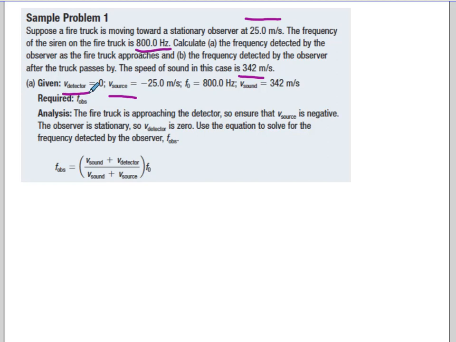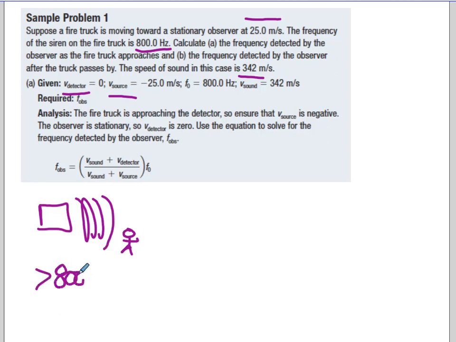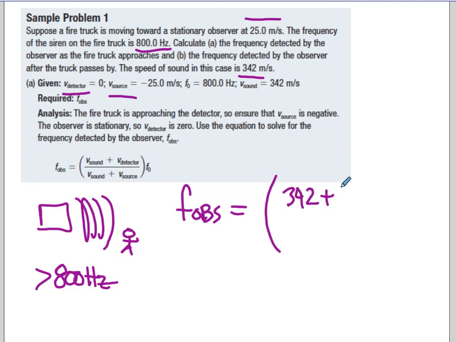So we have two cases. Let's do the first one. The truck is approaching. If this is the fire truck and I'm standing here, I'm expecting that frequency to be greater than 800 hertz. That's my expectation. So when I go to solve this for the observed frequency, the velocity of sound is 342 plus 0, 342.